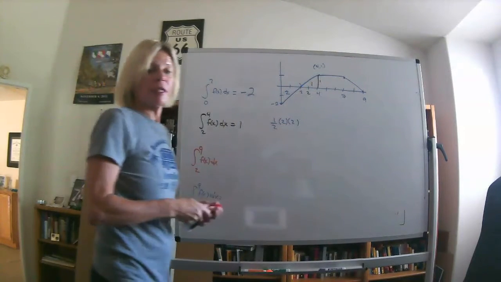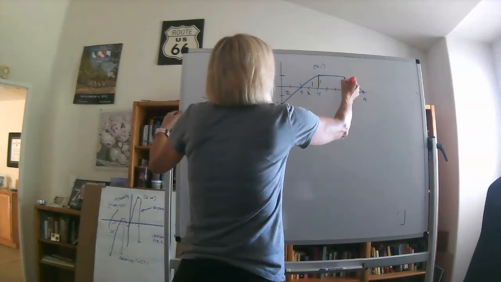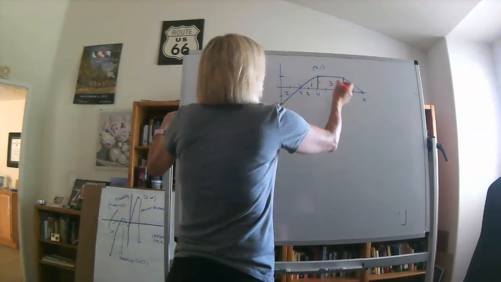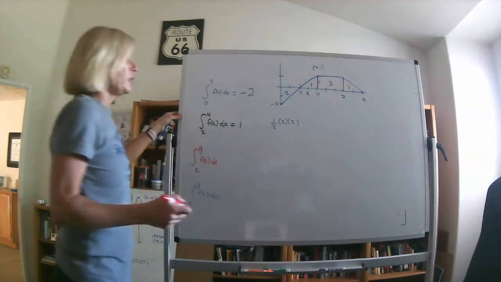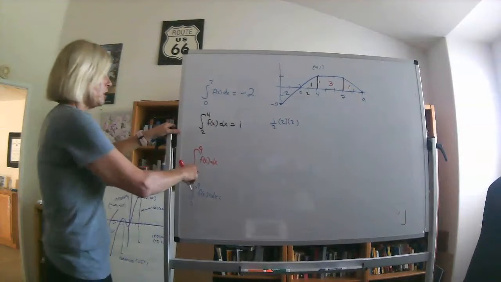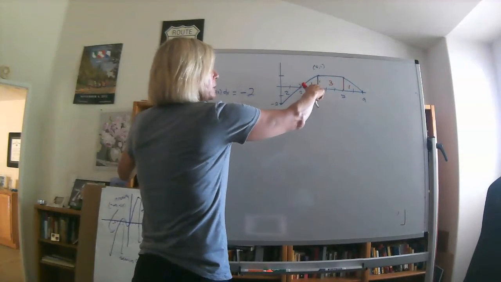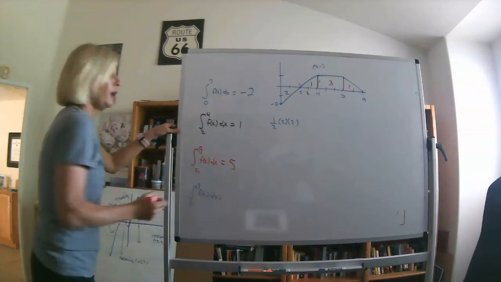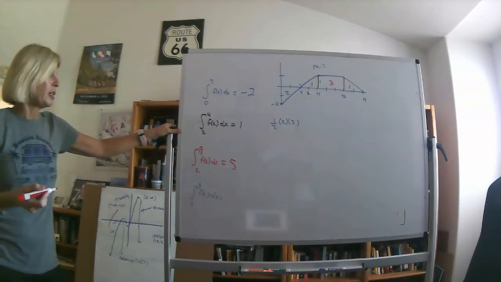I'm going to do the same thing I did last example and divide this up into a rectangle, which is 3 by 1, so this area is 3, and a triangle, that area is 1. So if I look at the whole integral from 2 to 9, that's 1 plus 3 plus 1, and that area is 5, and it's all above the x-axis.